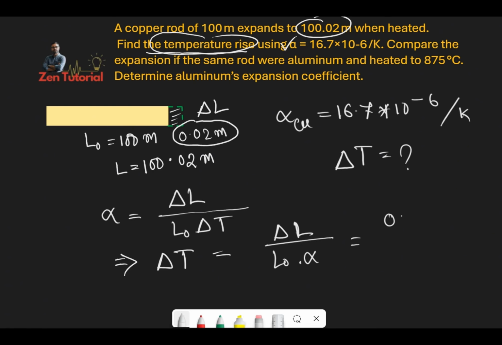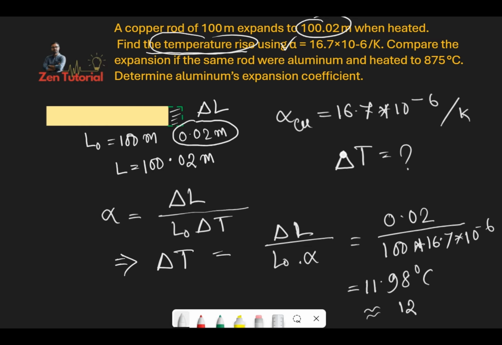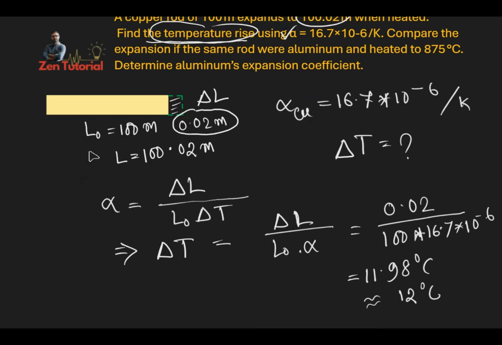So del of L is equal to 0.02, L naught is 100, times 16.7 times 10 to the power minus 6. So we have got 11.98 degrees Celsius. So we could write almost 12 degrees Celsius of temperature rise to expand from 100 meter to 100.02 meter.